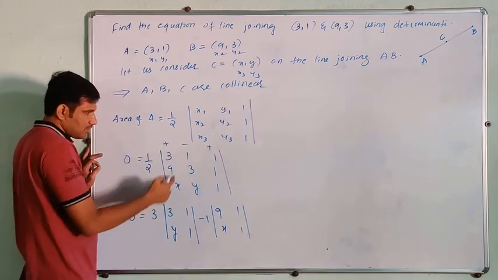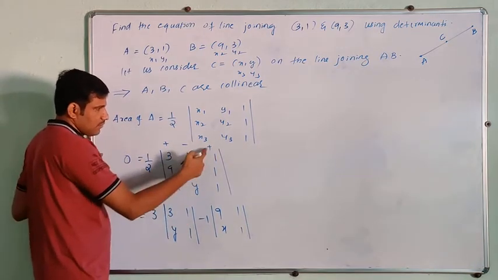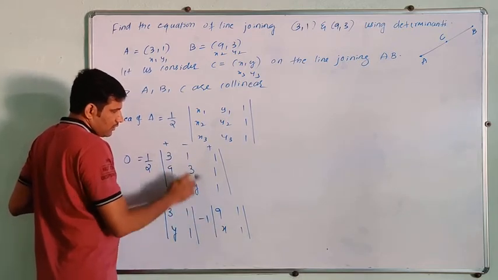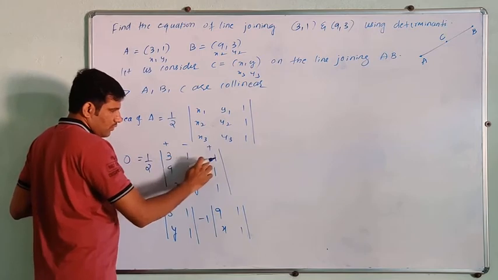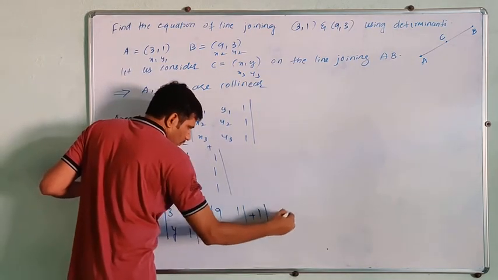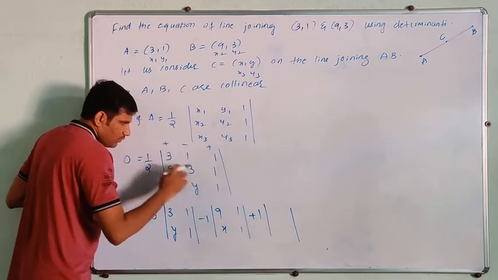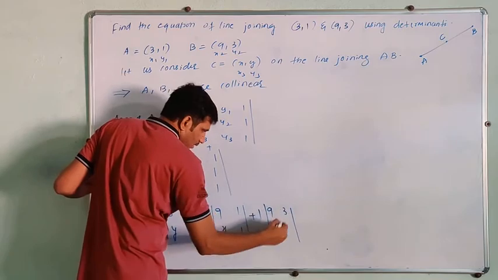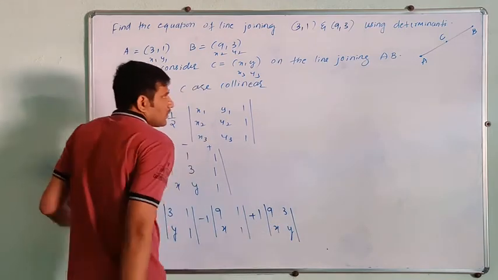So 3 into (3 1, y 1), minus 1 into (9 1, x 1), plus 1 into (9 3, x y). Is it clear, friends?